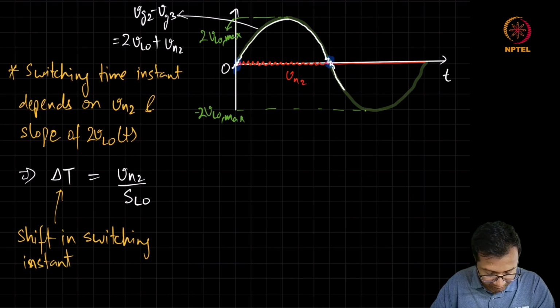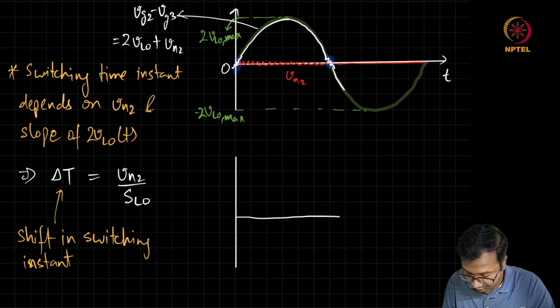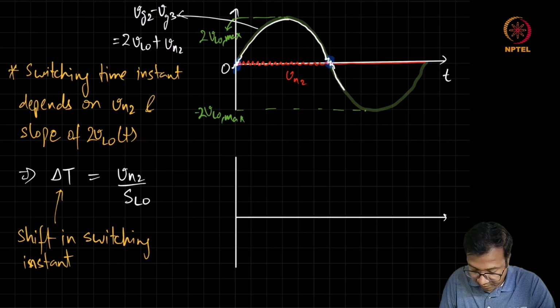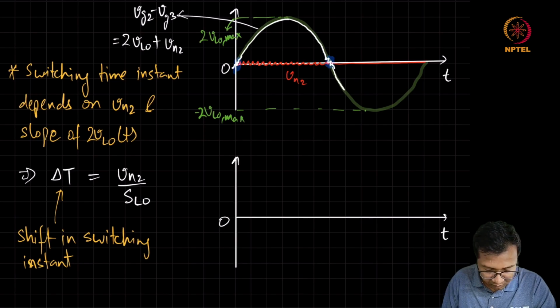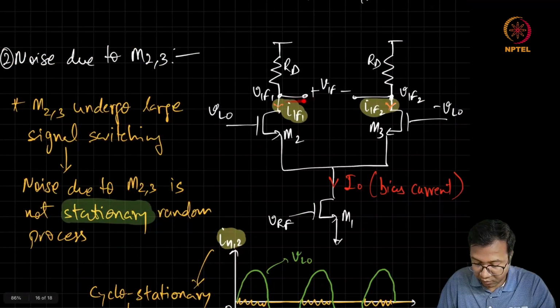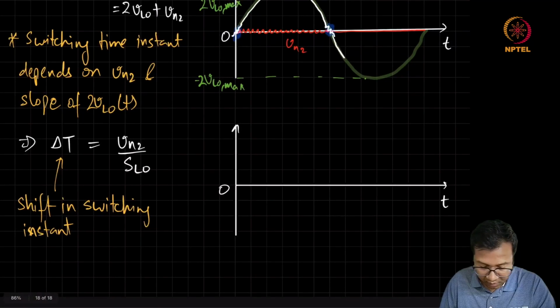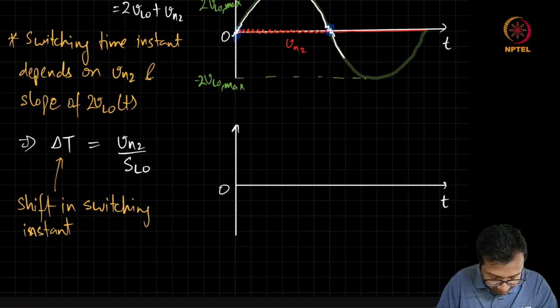So the impact is that if I take the difference of I2 and I3, because the difference of I2, I3 is going to give rise to this differential output. This is how the current in one of the branches looks like. If I take the difference, then the difference is going to have these errors.